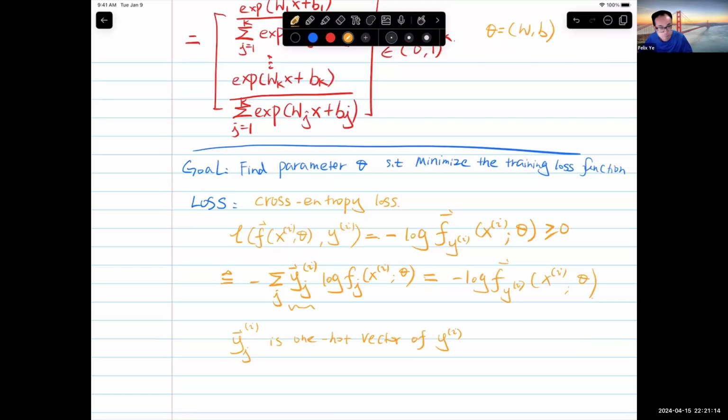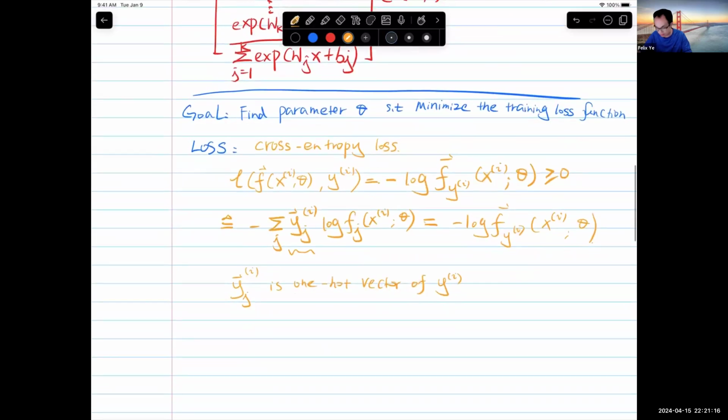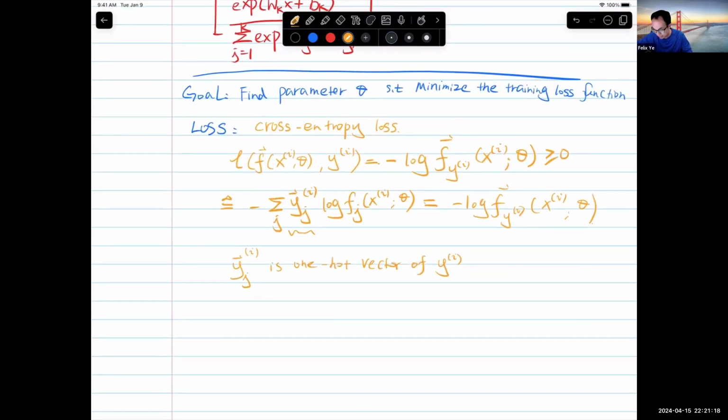So the point is, if this is the loss, then for each data entry of x_i and y_i, I want this whole thing, which is my predicted probability for class y_i, to be as large as possible.